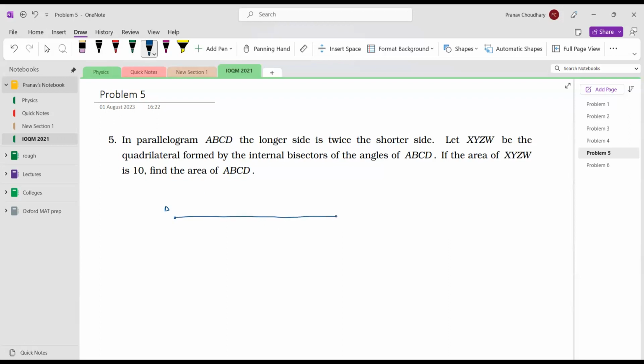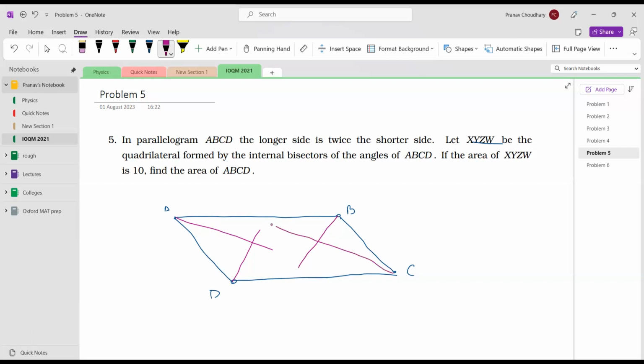So you have A, B, C, D. If X, Y, Z, W be the quadrilateral formed by the internal angle bisectors, X, Y, Z, W, and we're given the area of this quadrilateral, we have to find the area of ABCD.